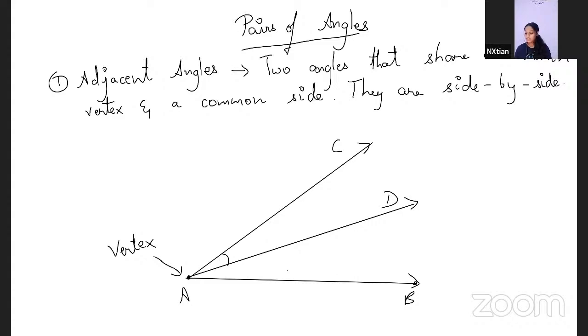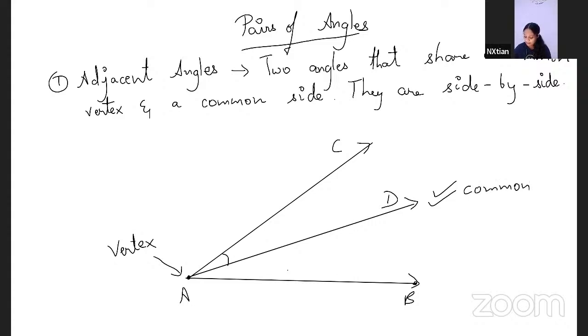What is common in CAD and BAD? The D line, that is common. The D ray and the A point are common.